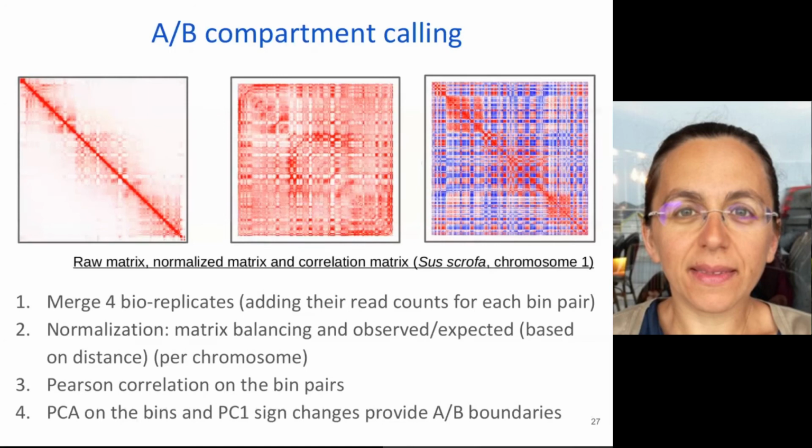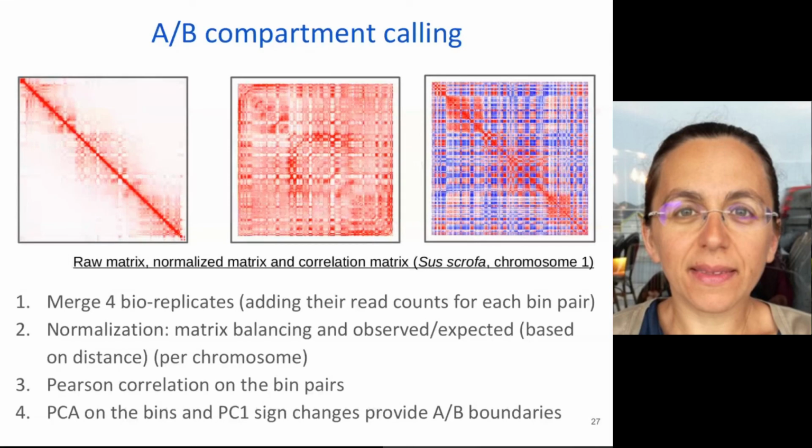On the left, you have the raw matrix for a species, and then we normalize this matrix with the ICE software again, and also we normalize based on distance, and we did that per chromosome.